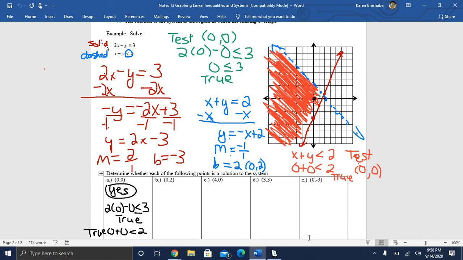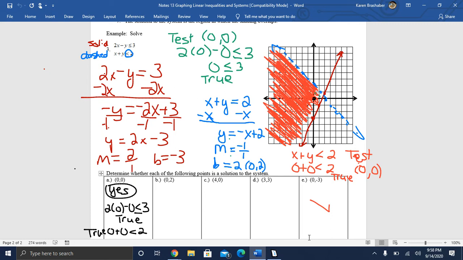Okay, if we look at the ordered pair 0, 2, we'll find that point on your graph.